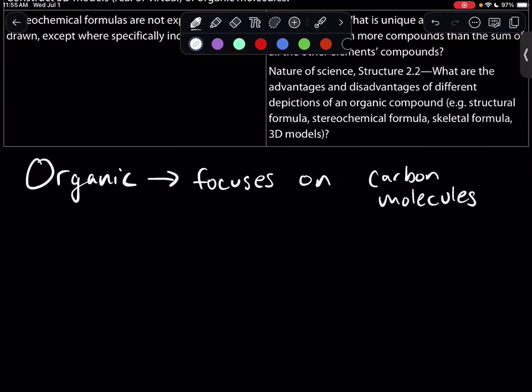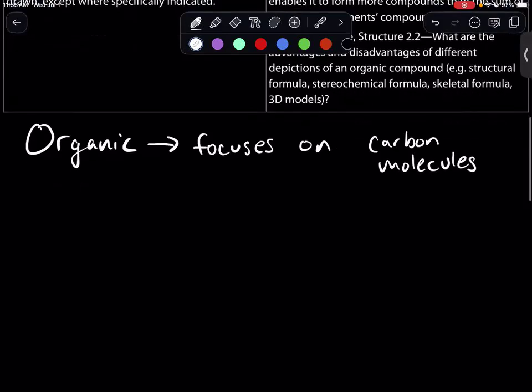Organic just means containing carbon and usually also hydrogen and sometimes oxygen, but mostly carbon and hydrogen. Because there are so many different ways that carbon can bond, which we call catenation, which we'll talk about in a little bit, we have to learn about the comprehensive naming system.